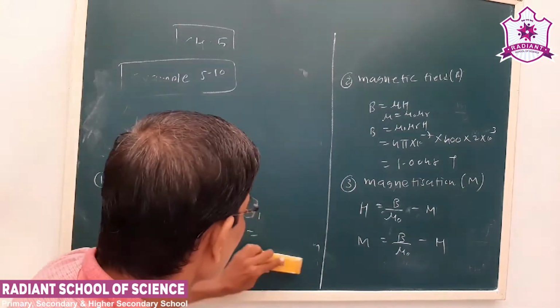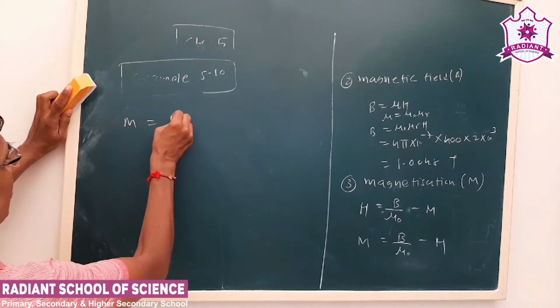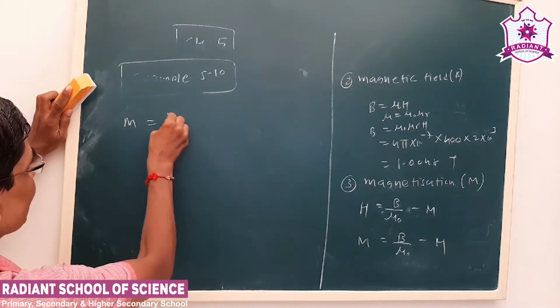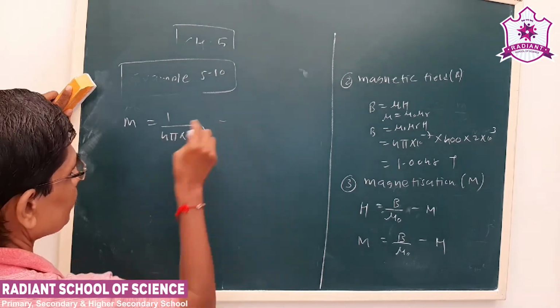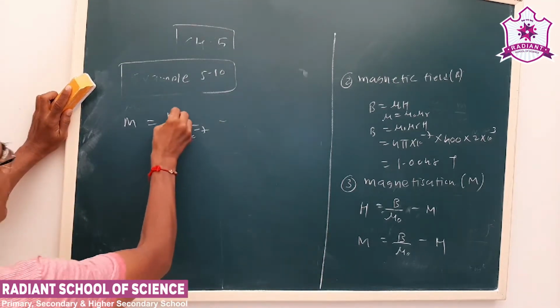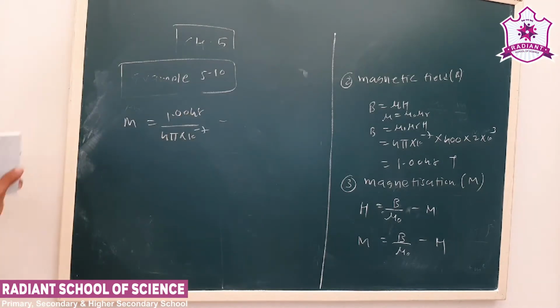Now B is 1 Tesla, mu 0 is 4 pi, and this we can write as 1.0048, and H value we have obtained.